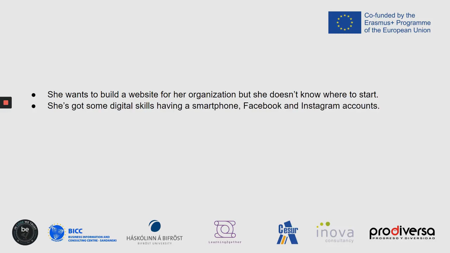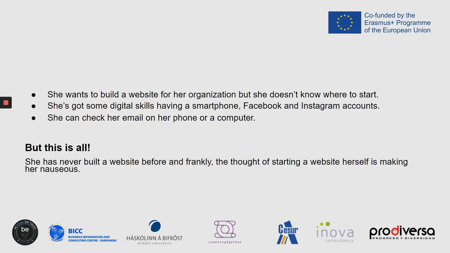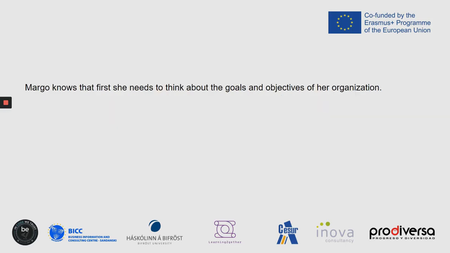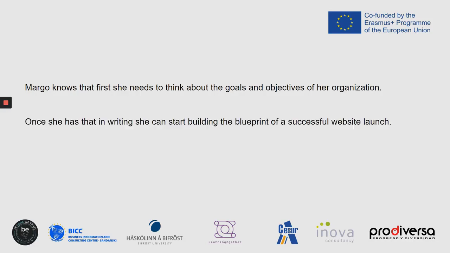She's got a smartphone, Facebook, and Instagram accounts. And she can check her email on her phone or a computer. But this is all. She has never built a website before, and frankly, the thought of starting a website herself is making her nauseous.